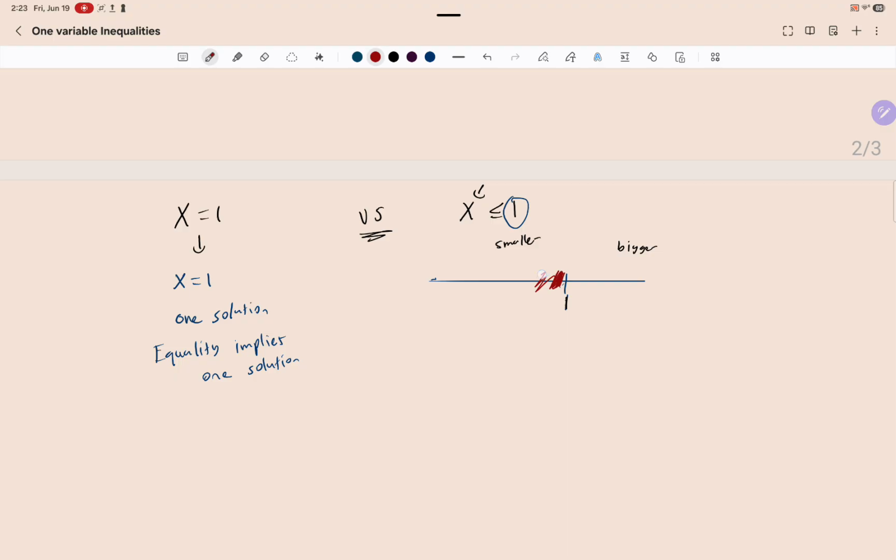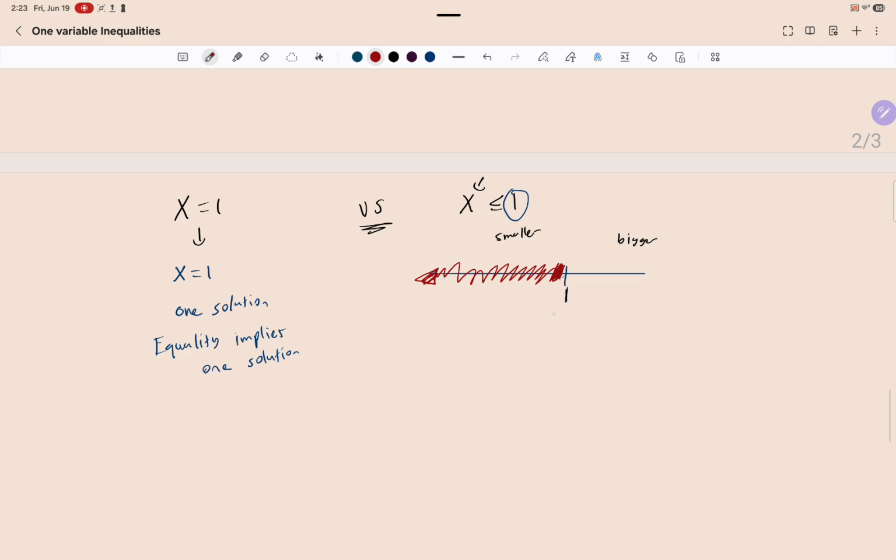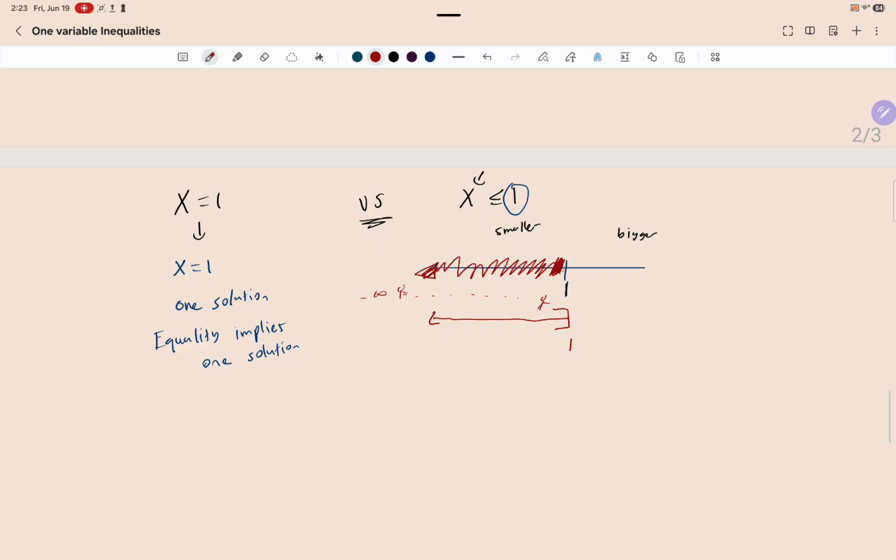So I'm going to shade for illustrative purposes, but a more common way of writing this is to use this notation here. What this means is that we want all the numbers from -infinity to 1. Another way of writing this is the closed circle form.